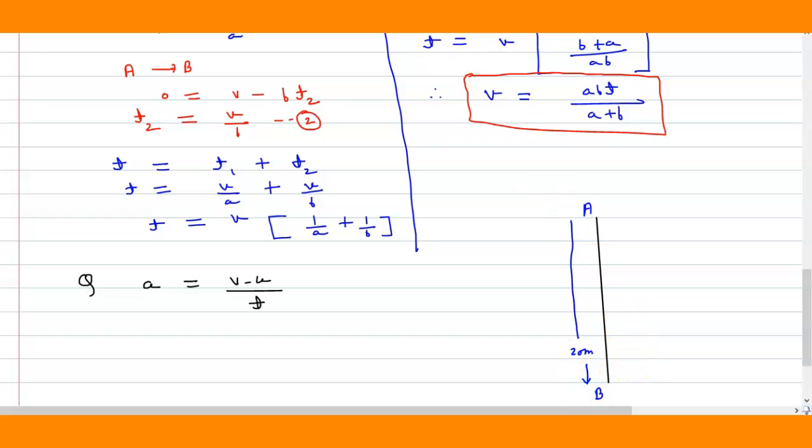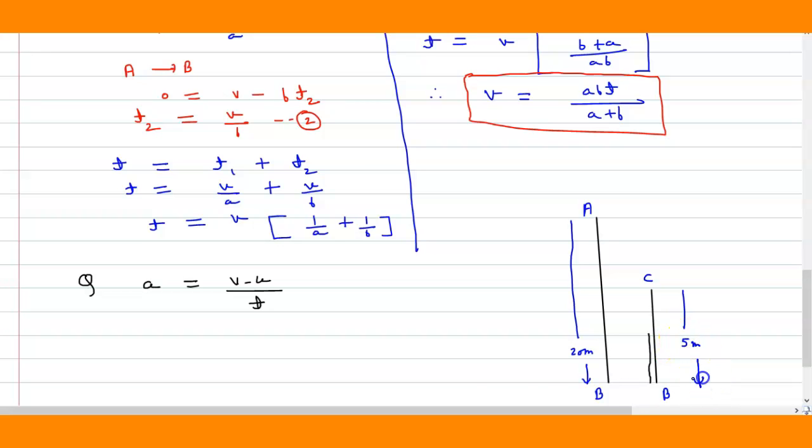And then it rebounds from B to, suppose, C. How much height does it rebound? I think 5 meters.